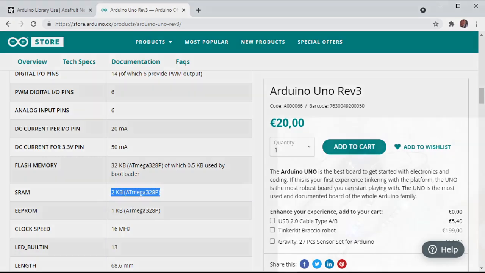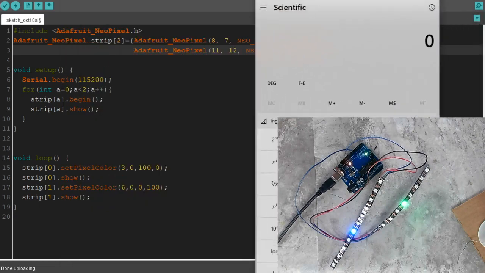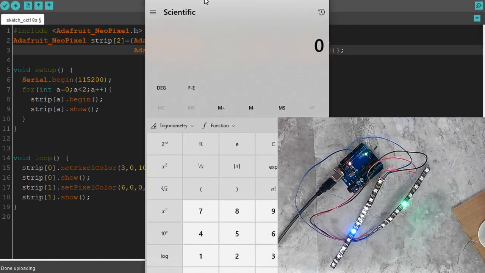What does that even mean? It's basically variable memory. We're just going to call it variable memory. So each NeoPixel takes up 24 bits, which is 3 bytes.